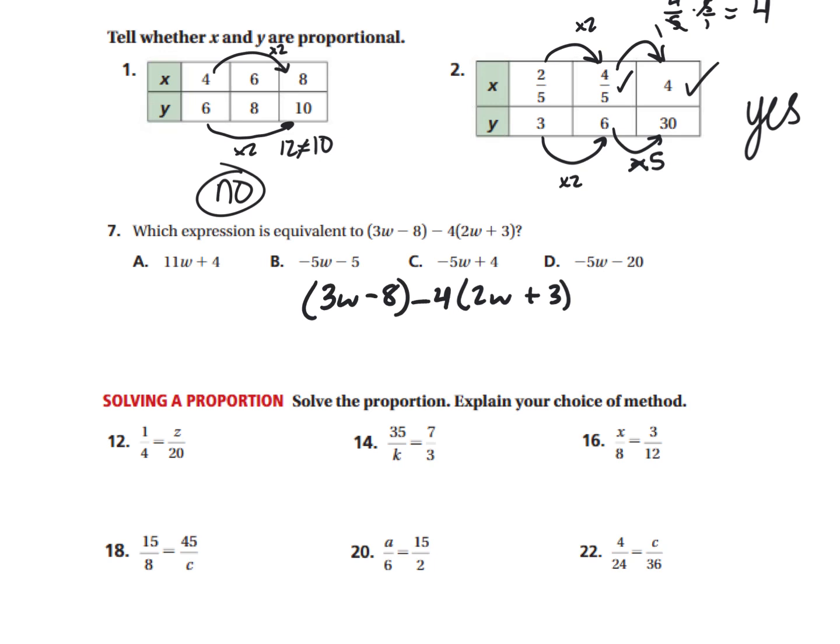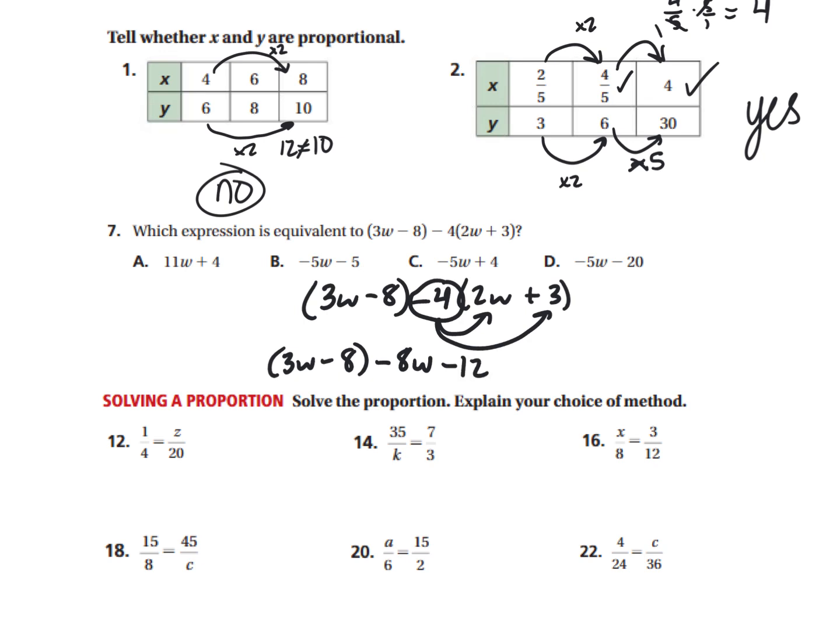When I distribute, I'm going to include that minus 4 in there. It's going to help me in the long run. So now I've got 3w minus 8. Negative 4 times 2w is minus 8w. Negative 4 times positive 3 is minus 12.